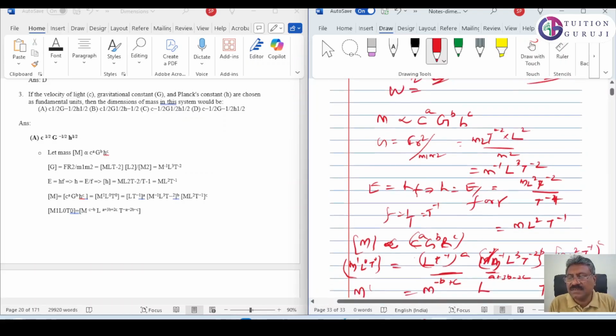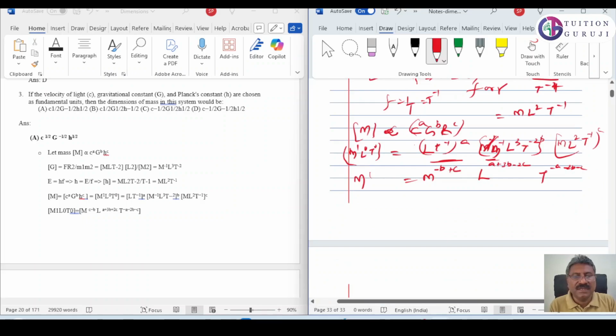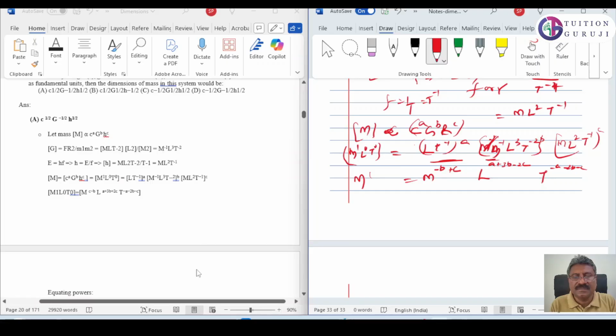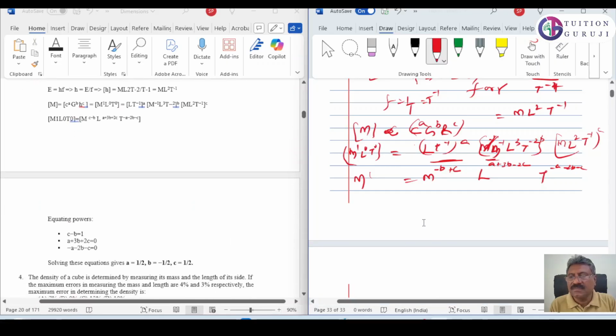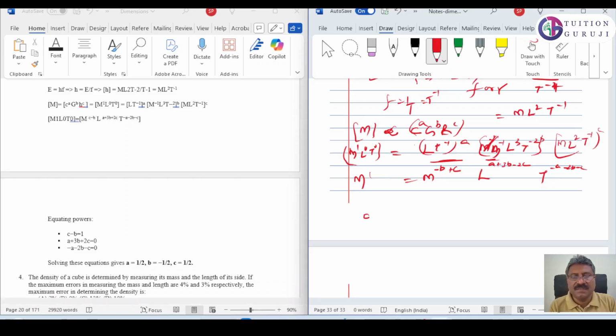So what will we get? Here c minus b is equal to 1, which implies c is equal to b plus 1.